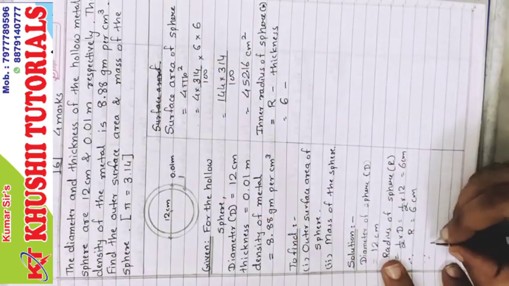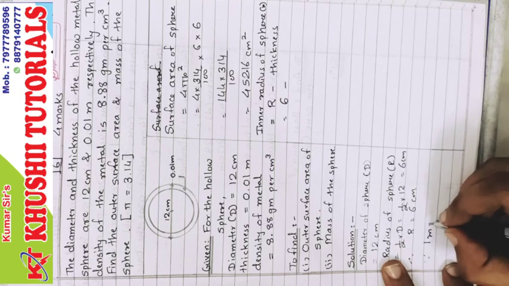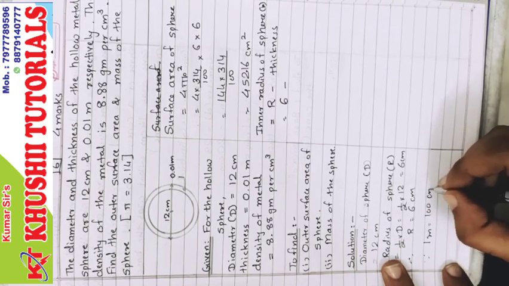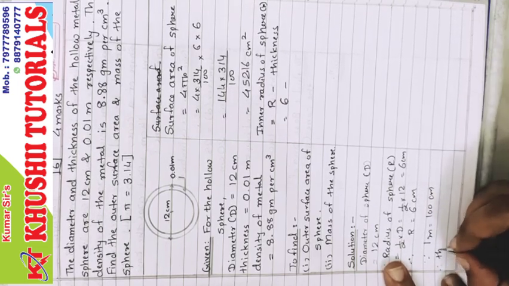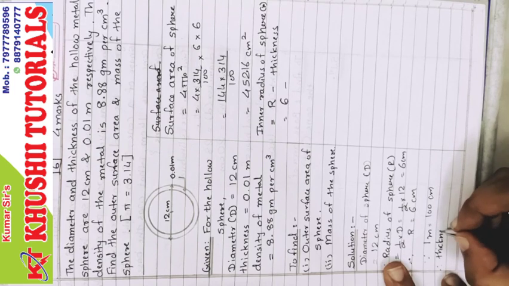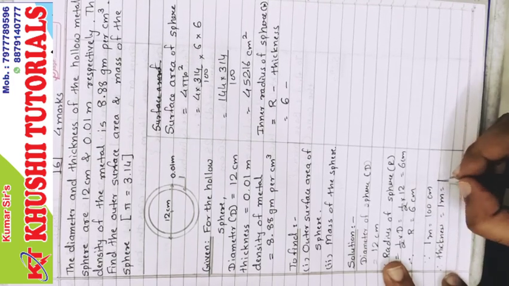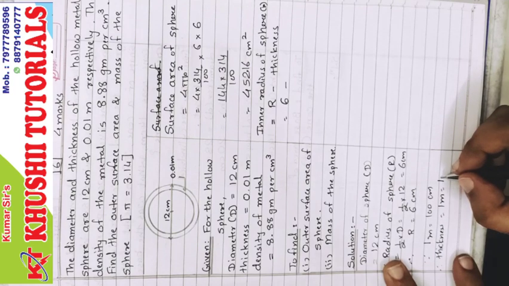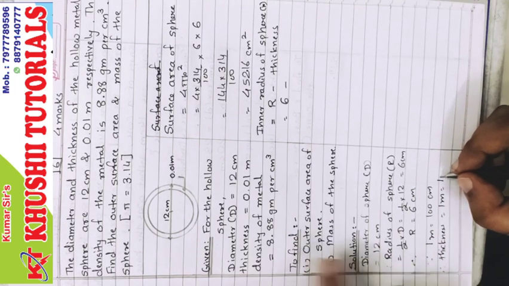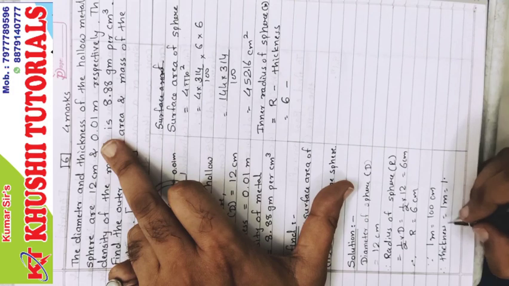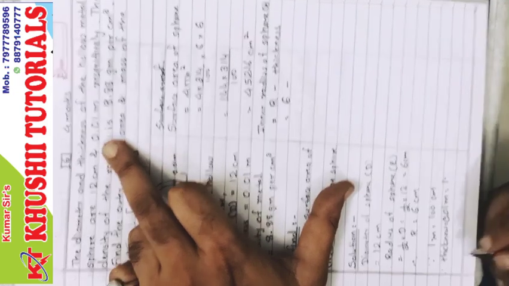Since 1 meter is equal to 100 centimeter, therefore thickness is 0.01 meter. Here thickness is 0.01 meter.